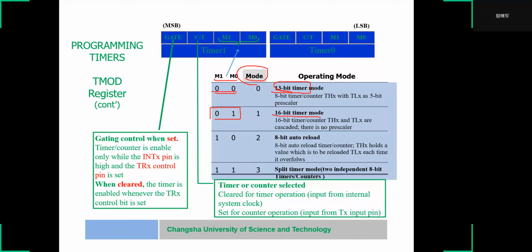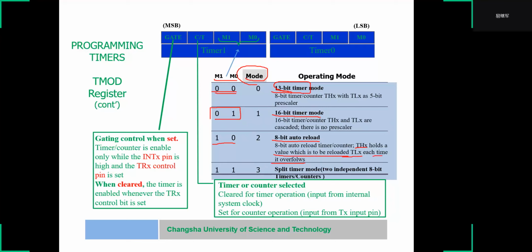When M1 and M0 are set to 10, it is 8-bit reload. TH holds a value which is to be reloaded to TL each time it overflows.